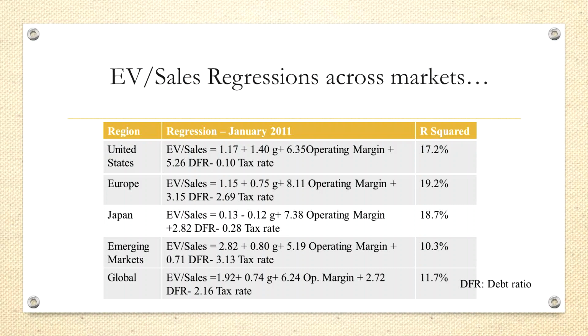It's pretty good. I mean, it's not great, but it's pretty good. It reveals the impact of fundamentals on the EV to sales ratio. Previously it was EV to EBITDA, here it is the EV to sales ratio. By the way, this DFR is debt ratio.